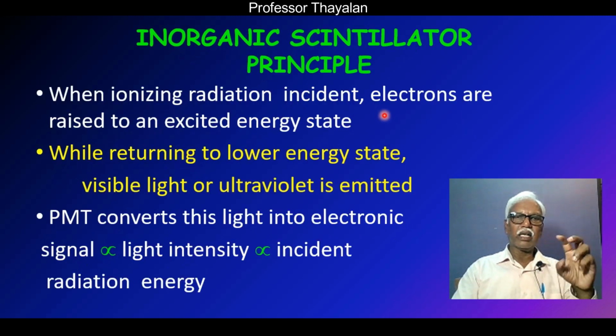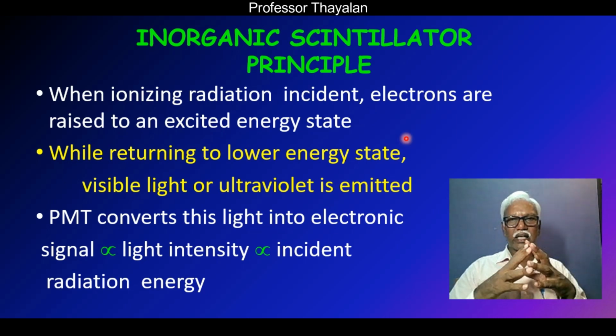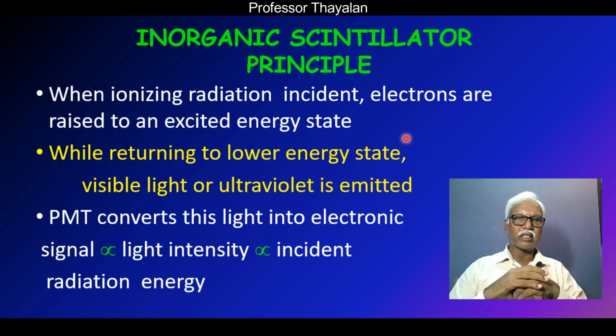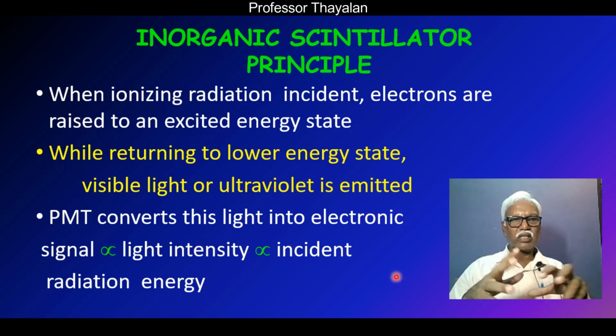Let us see the scintillator principle. When ionizing radiation is incident, the electrons are raised to the excited state. While they are returning to the lower energy state, visible or ultraviolet light is emitted. The photomultiplier tube converts this light into an electronic signal, which is proportional to light intensity, which in turn is proportional to the incident radiation energy.